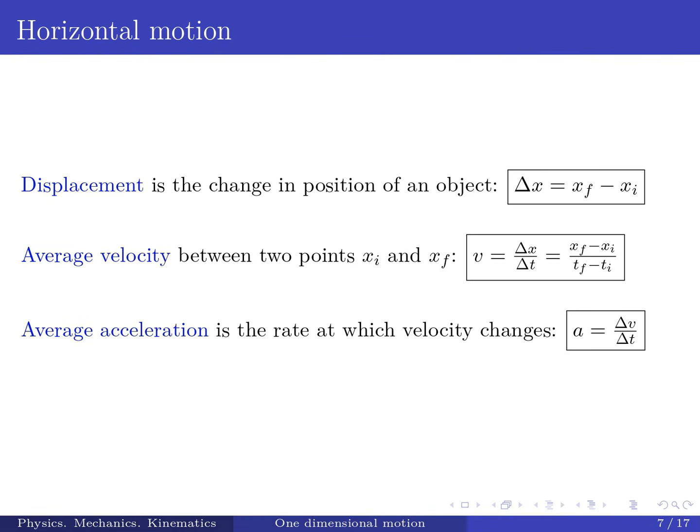Since displacement includes direction, it's a vector quantity and can be either positive or negative, depending on the chosen reference direction. The Greek letter delta represents change in whatever quantity follows it. For example, delta x denotes the change in position. To calculate displacement, the initial position is subtracted from the final position.